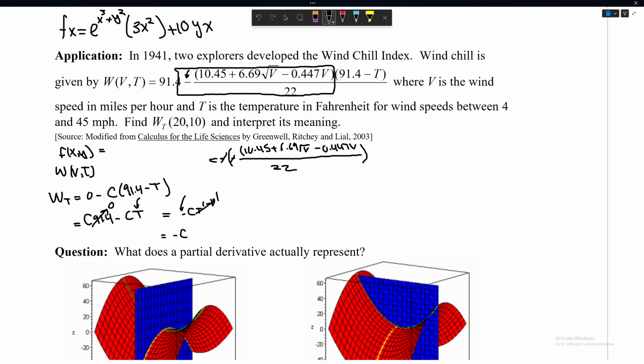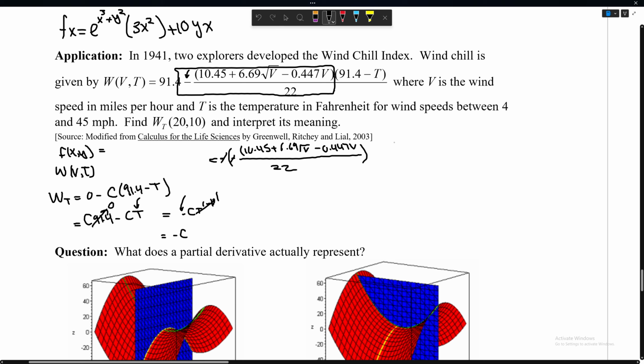And now they're telling you to sub these numbers in and find your value. So if I've done everything correctly, I can just sub these in. Oh, whoa, where's my man? Okay, there it is. So if I sub my 20 for v, I don't have a t, right? So let's sub the thing in.